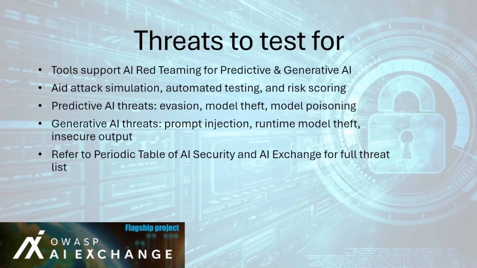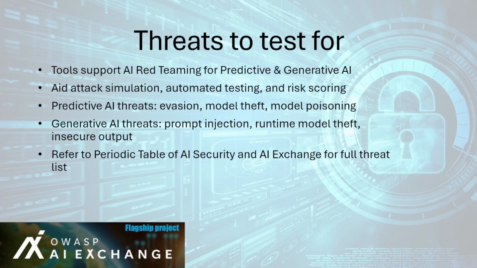Predictive and generative AI each face unique threats, ranging from data poisoning and evasion to prompt injection and output misuse. Red teaming helps uncover and mitigate these risks before attackers can exploit them. The benefits are as follows. It enables systematic attack simulation and risk quantification. It improves model robustness and trustworthiness, and it supports continuous AI assurance and compliance programs.